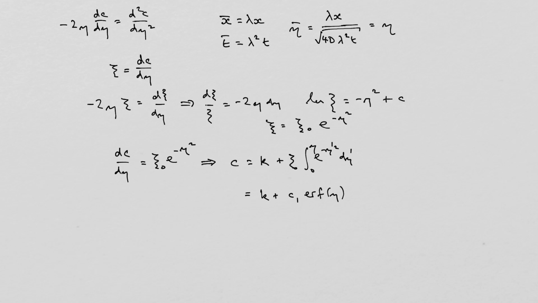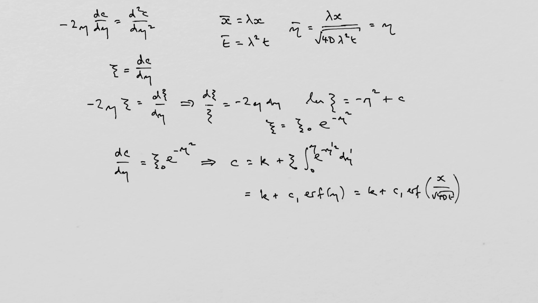If I wanted the concentration to be, let me just, okay, if I said at t equals 0, when t equals 0, this becomes error function of infinity, doesn't it? So this tends to 1 as t tends to 0.